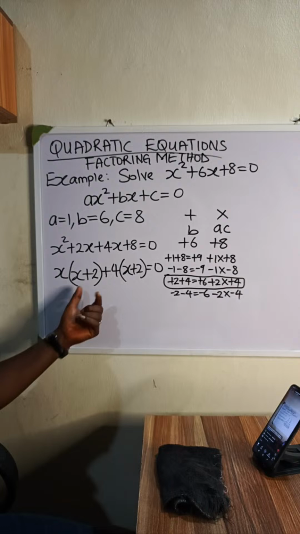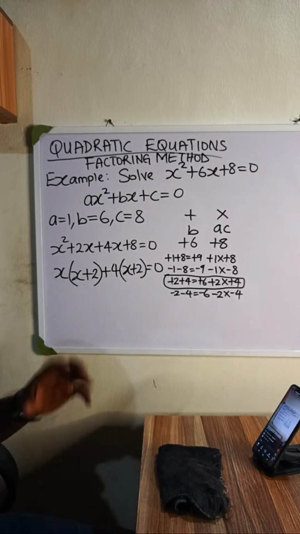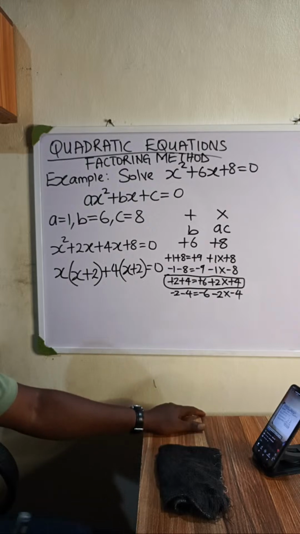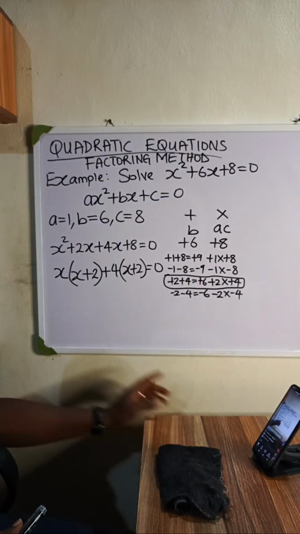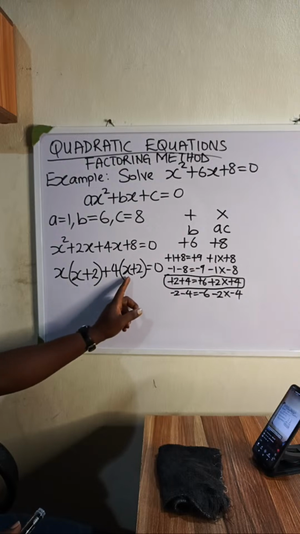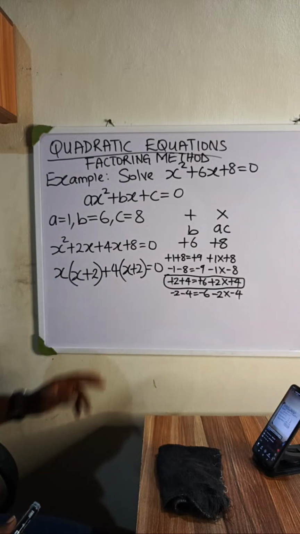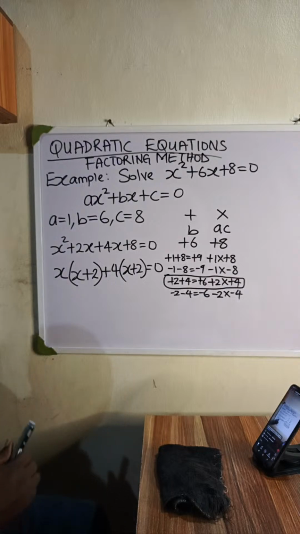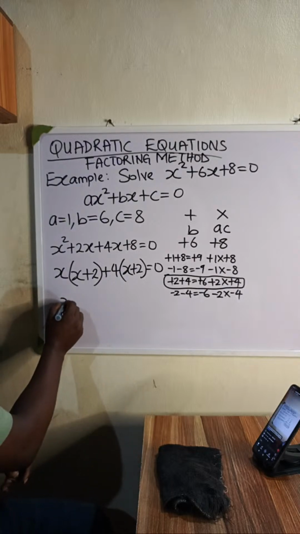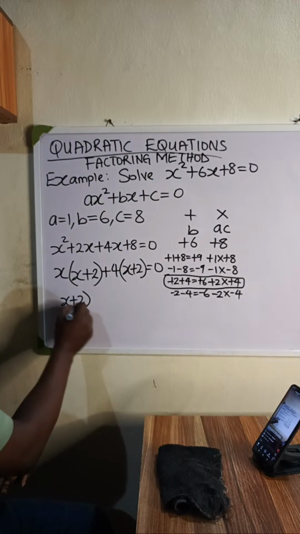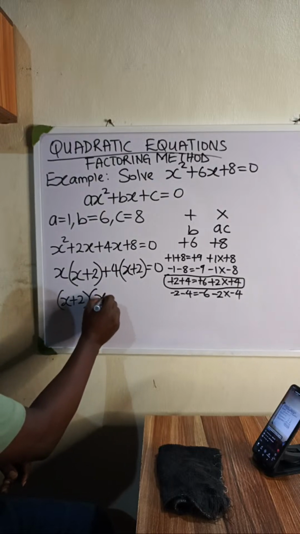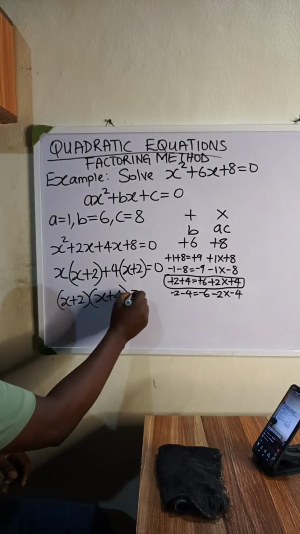So now we look at what is in the brackets to see if they are the same. If they are the same, then it gives us a hint that we are on the right track. So we have x plus 2, we have x plus 2. Now we can bring what is outside the bracket together. We can just write x plus 2 into x plus 4 is equal to 0.